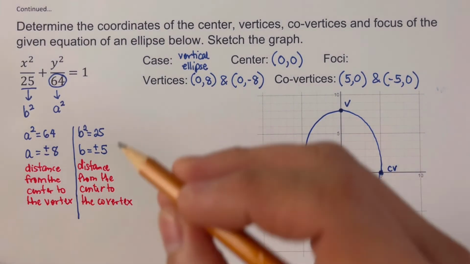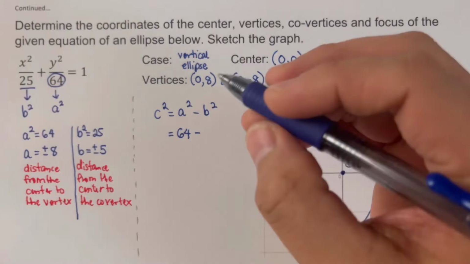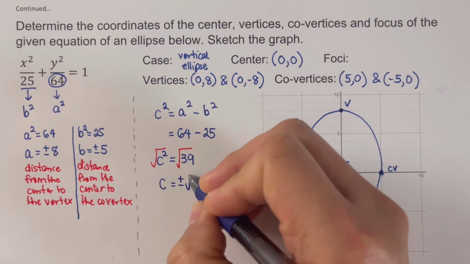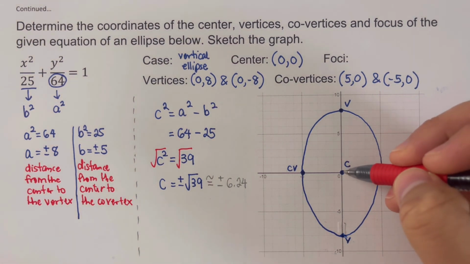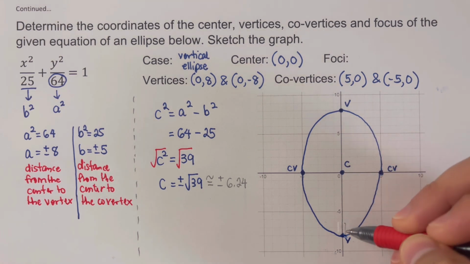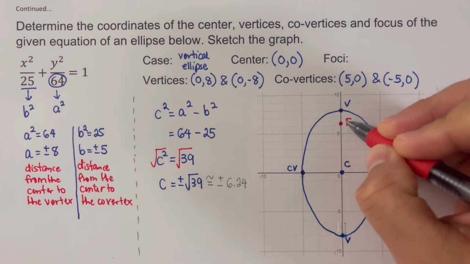And so I'm going to show the work to determine the C here. Okay, so the location of the focus is plus minus square root of 39 or approximately 6.24. So I go up 6.24, go down 6.24 to determine the location of the focus.